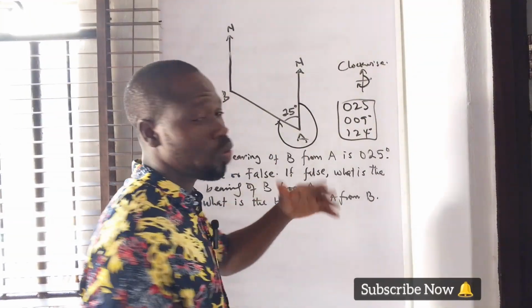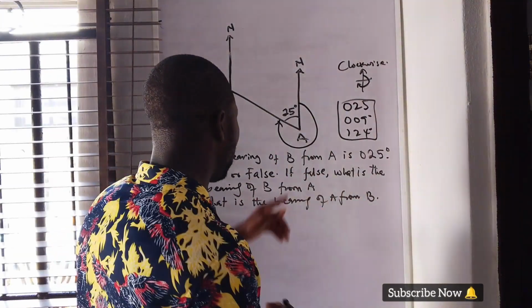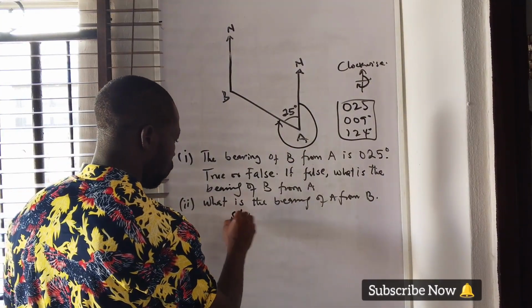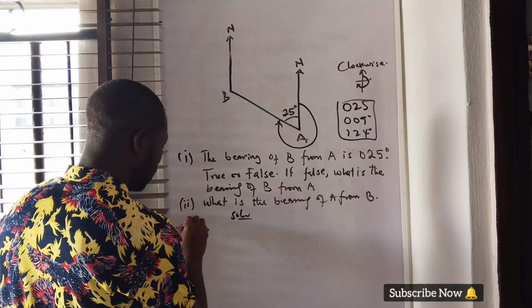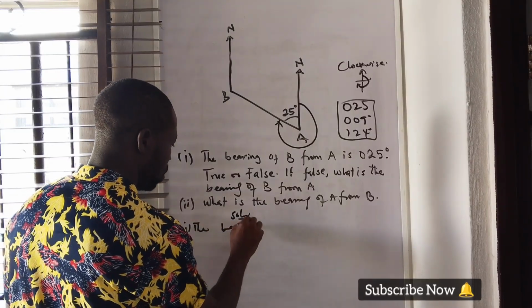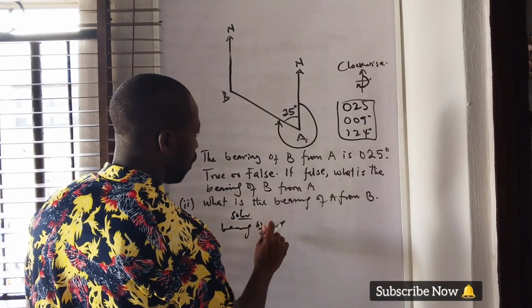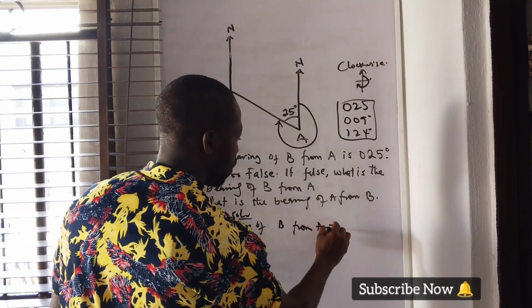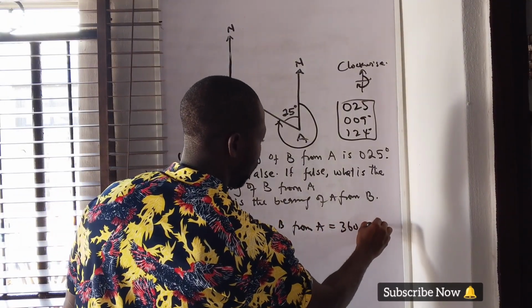So if it's false, which we have said is false, what is the bearing of A from B? So we're going to be finding the bearing of A from B. The bearing, remember figure 1, of B from A is going to be 360 take away 25.